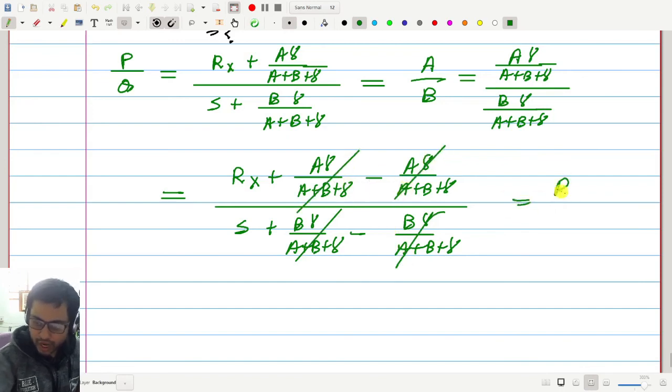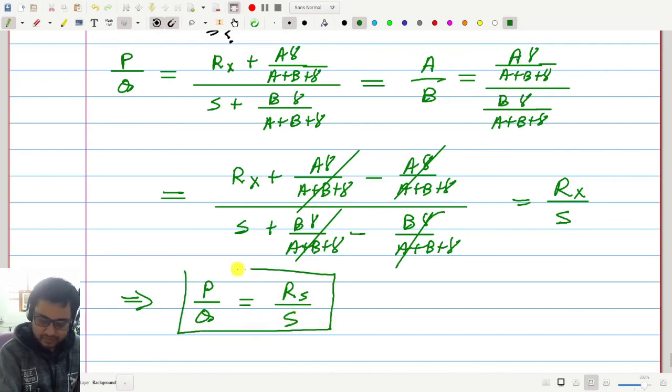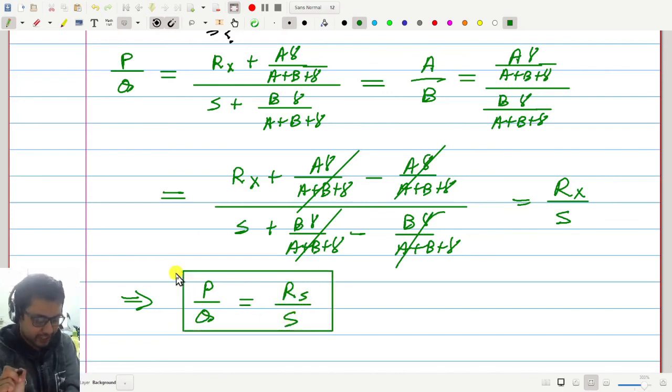This is equal to Rx by S. So we have got a simple balance equation, P by Q equal to Rx by S. This is the balance equation.